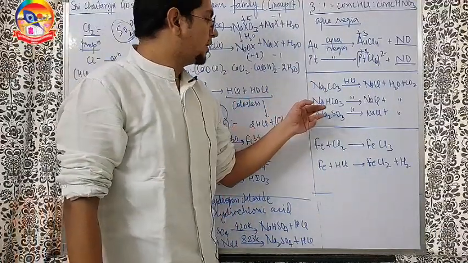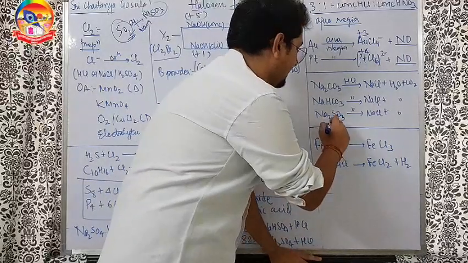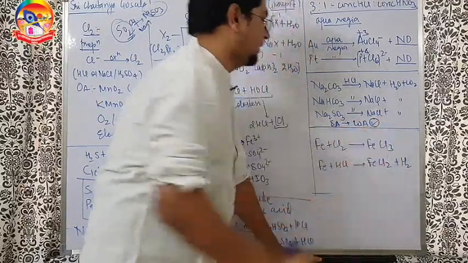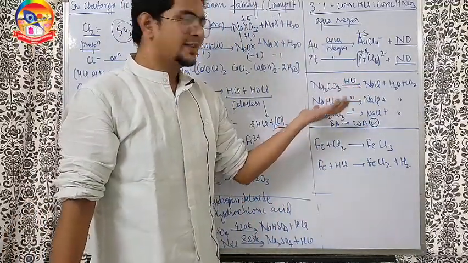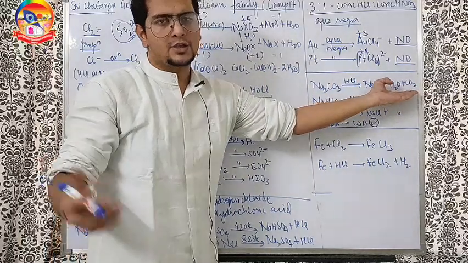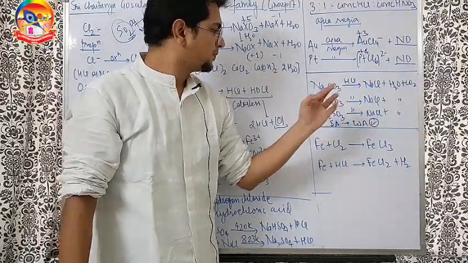Going ahead, Na2CO3, NaHCO3, Na2SO3 with HCl. The logic is the same here. The logic is that strong acid to weak acid conversions are spontaneous for acid-base reactions. So HCl is a strong acid, it will give H plus to carbonate, making carbonic acid, and H2CO3 is unstable. Many a time I have said, it is H2O plus CO2.